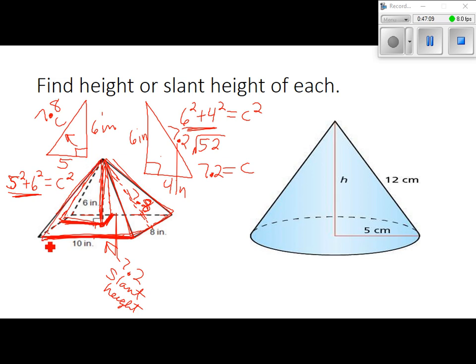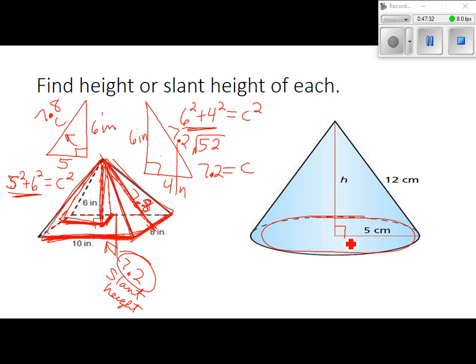If you need to find the area of this triangle, then that's going to be the height of the triangle. And then your base would be either 10 or 8, and the 7.8 would be the height of the triangle. A little easier on the cone because the base of the cone has to be a circle.